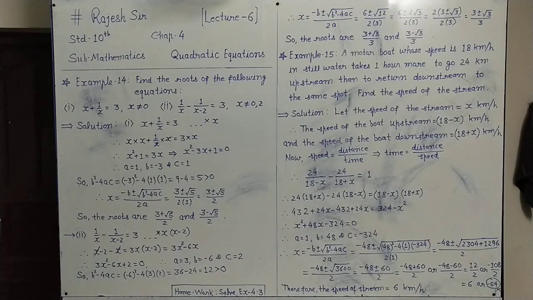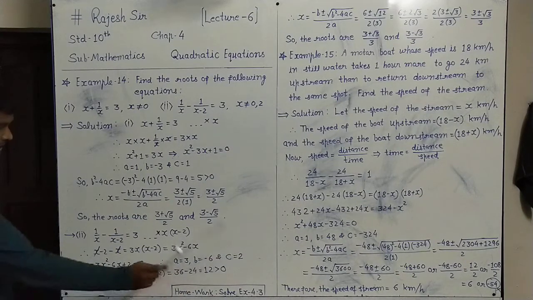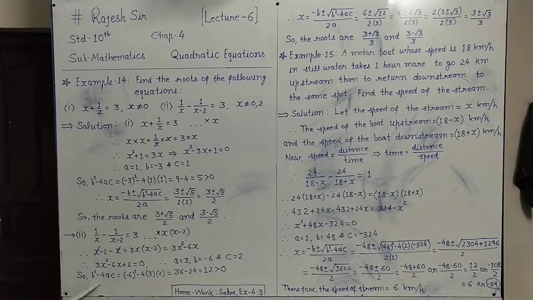We compare with the standard form of quadratic equation, that is ax square plus bx plus c equal to 0. x square coefficient gives a is equal to 3. x coefficient gives b is equal to minus 6. And the constant gives c, that is 2. So a, b and c we have all. You can find again the discriminant as b square minus 4ac.